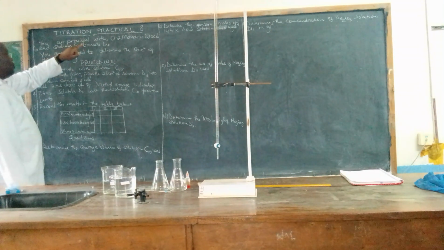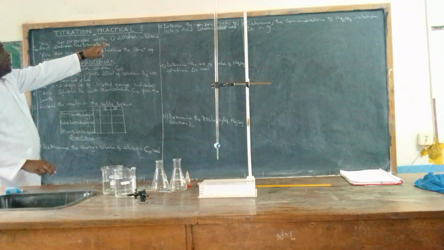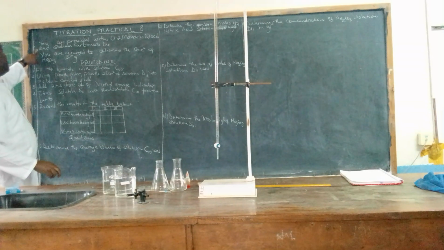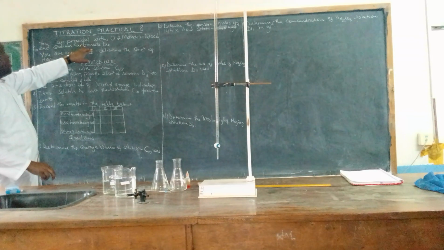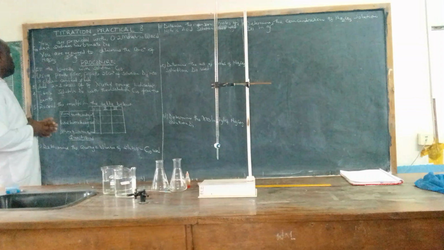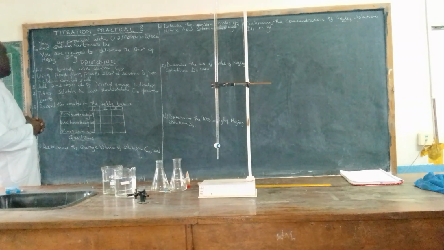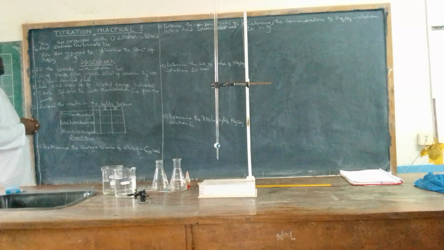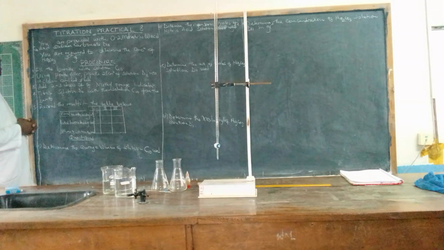You are required to, with 0.2 molar nitric acid, labeled solution C10, and sodium carbonate D11, determine the concentration of sodium carbonate in grams per liter. The procedure is as follows. Fill the burette with solution C10 using the pipette.